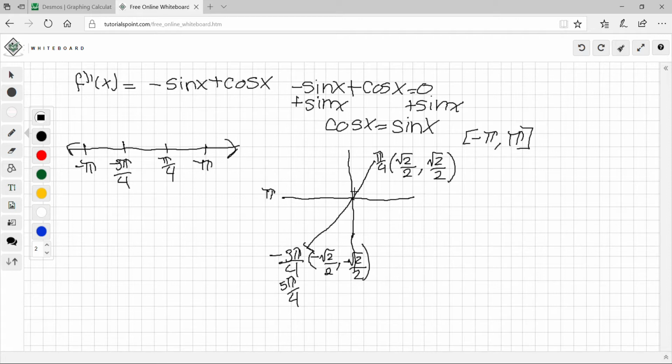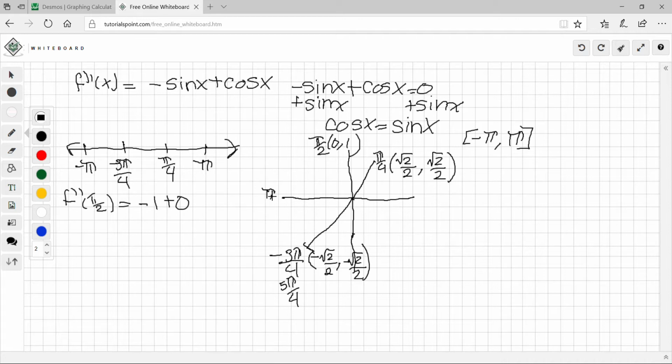So I could use pi halves, right? And then the coordinate of pi halves is 0, 1. So f double prime of pi halves is negative 1 plus 0, right? You know how I got that?